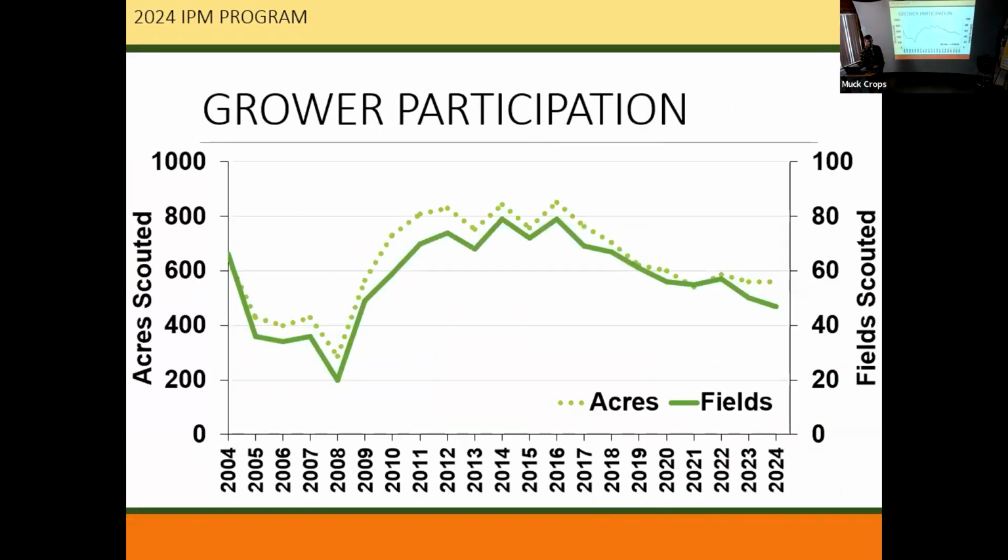And again, that's available to all growers, industry reps, anybody in the area who's looking to get some answers. And in terms of grower participation over the past many years now, for our scouting, we've been maintaining a pretty consistent scouting acreage here, and we're really hoping to keep it that way.